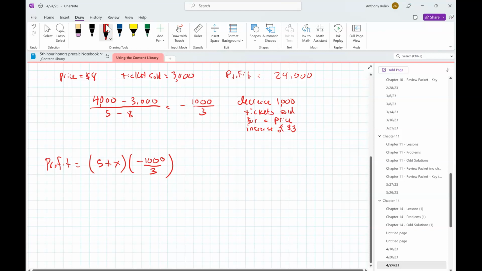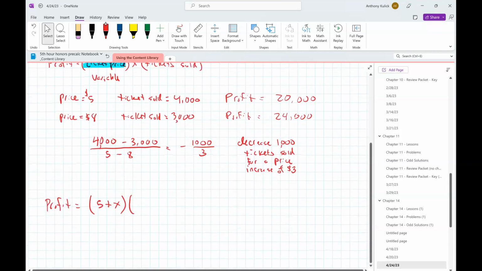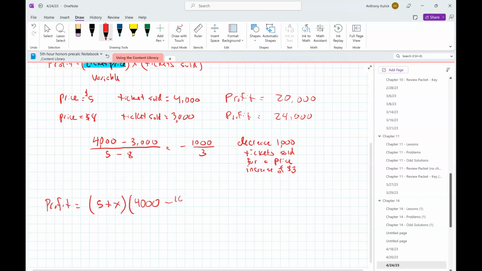So the other thing that I needed to account for here, this is almost right. At $5, we sold 4,000 tickets. And then for every price increase of $1, that should be going down by 1,000 over 3, or 333.3 tickets per dollar.